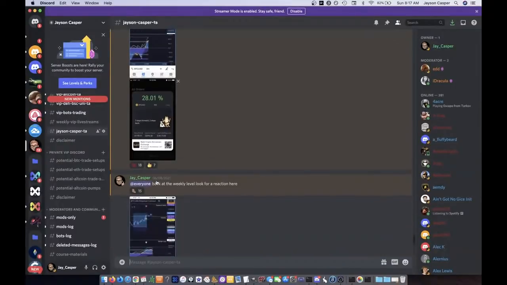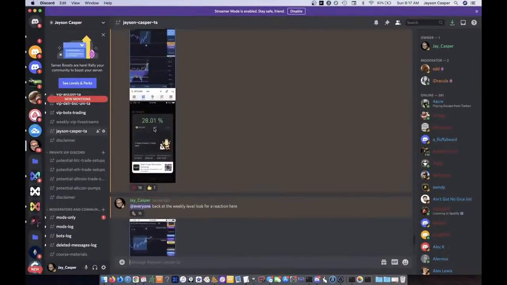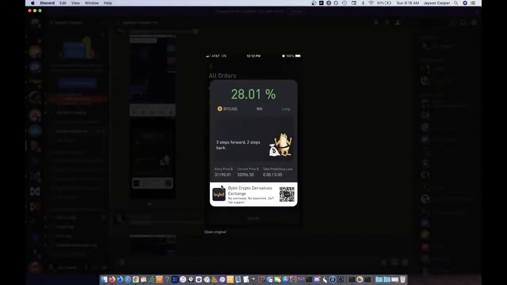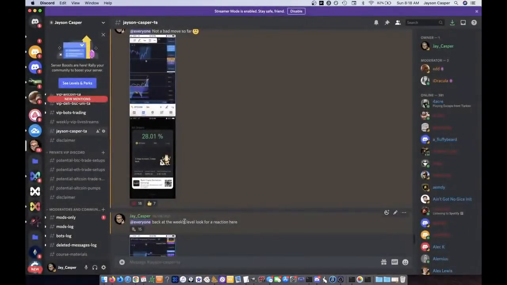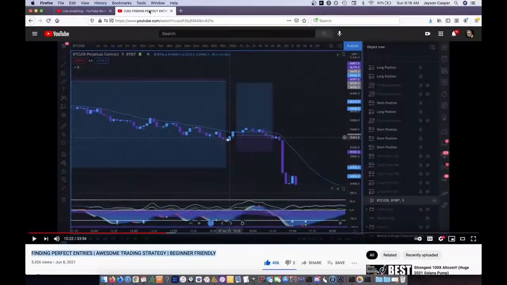Yeah, this is my entry when I was in that trade. Right here. Yeah, I got in at 31.190. 31.190 is when I got in. So I really did long the bottom there. I longed the bottom, guys, using this strategy right here.